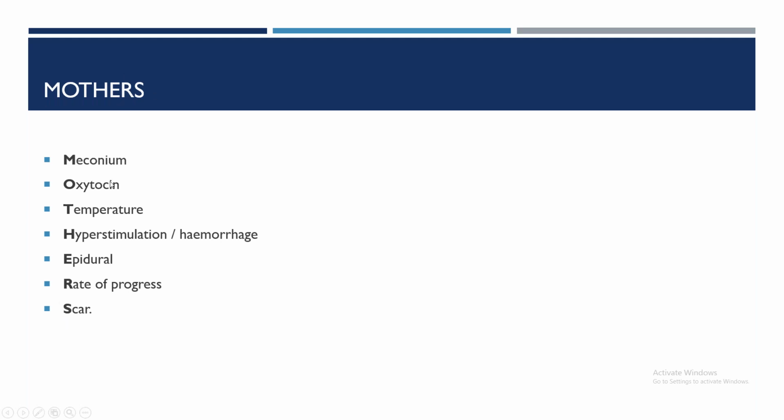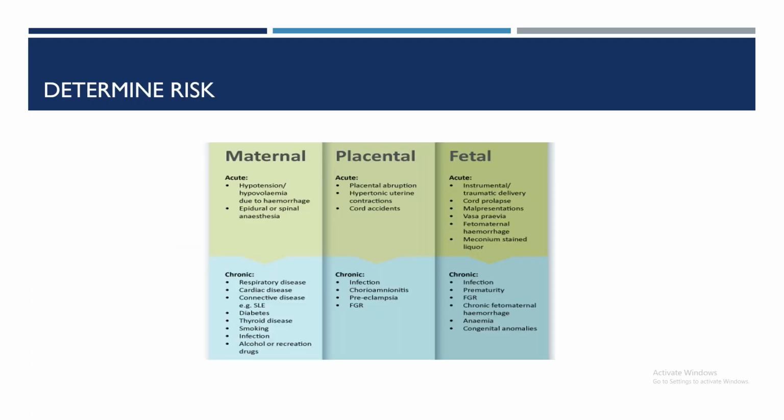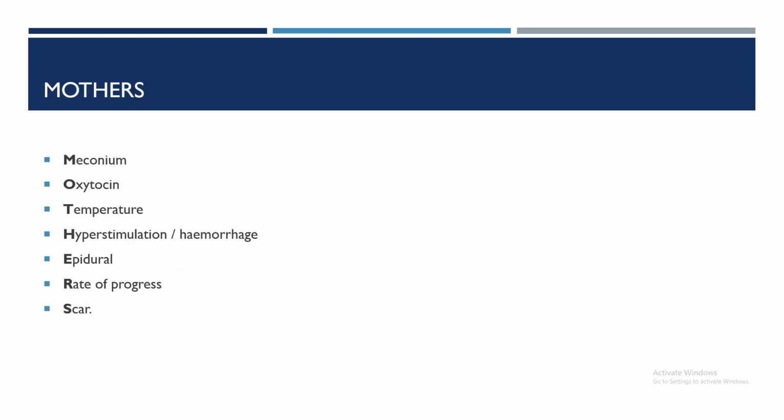So this is the mnemonic MOTHERS, and depending upon these risk factors, you have to adjust the intrapartum monitoring. Okay. So now we have seen how to determine the risk factors.